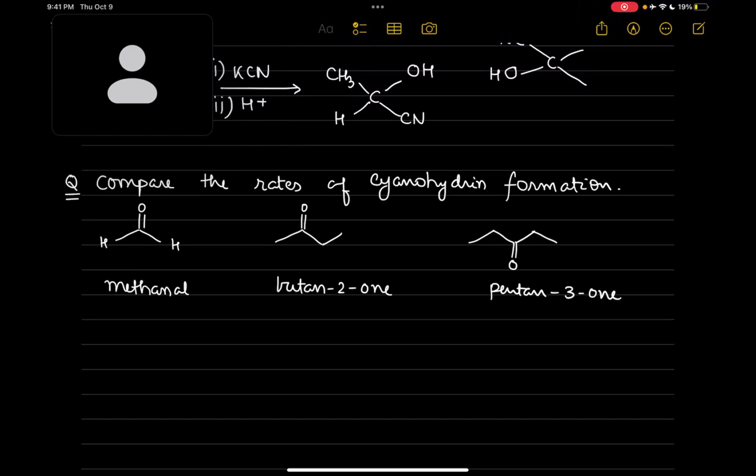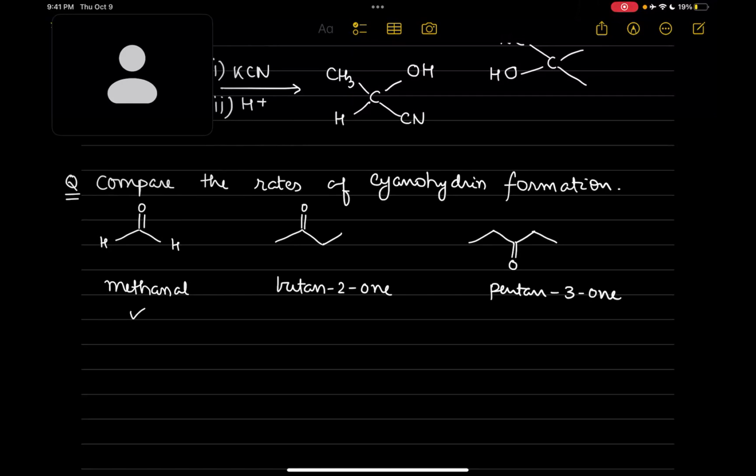Yeah, it is going to be maximum in methanal, because it is the smallest aldehyde, and it is going to form the cyanohydrin most easily. Among these, the aldehyde is the most reactive. The other two are ketones.